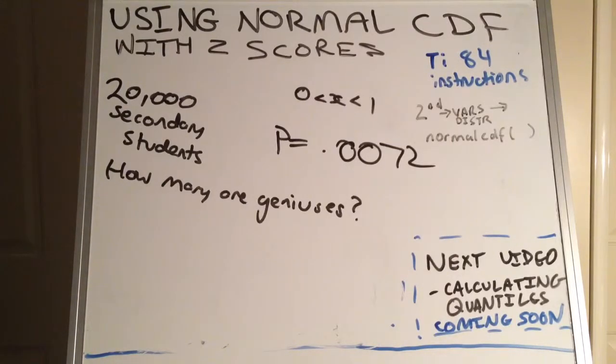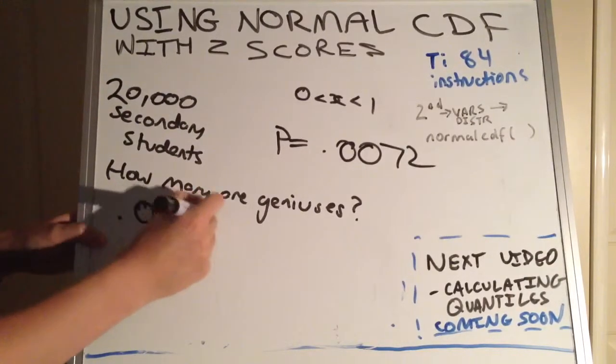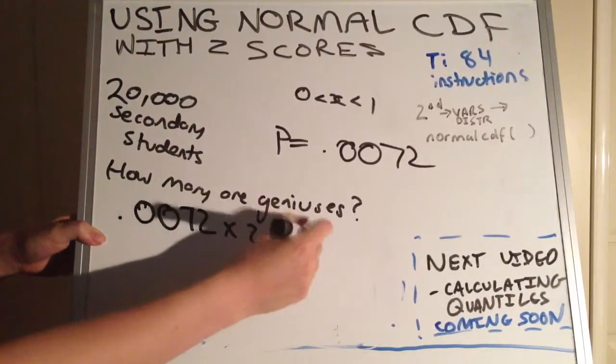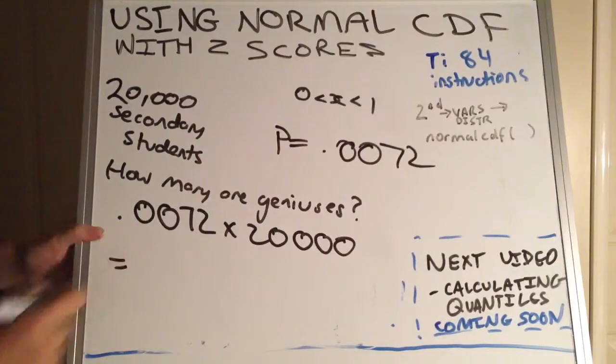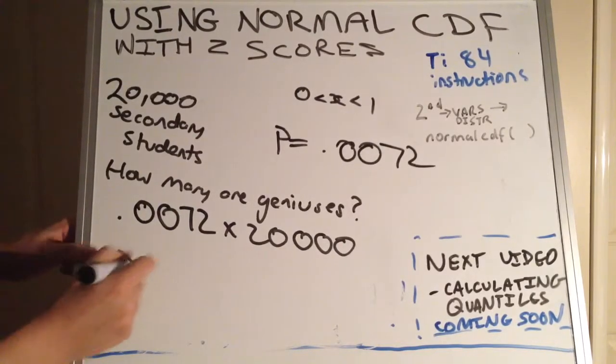But if we look at how many are geniuses out of this selection, so it's 0.0072 times by 20,000. Then the number of genius students at secondary school level, or people with a genius IQ at secondary school level, is 144 students.